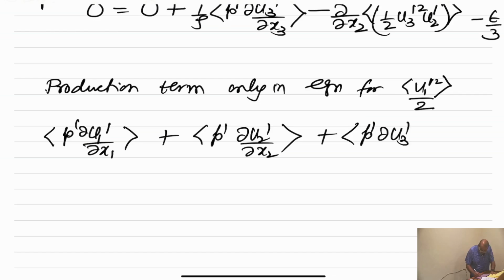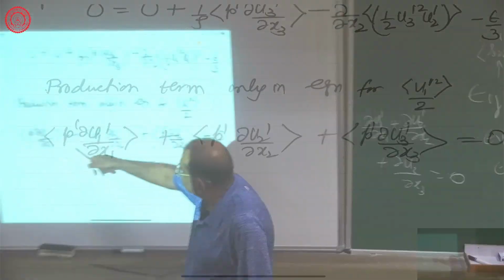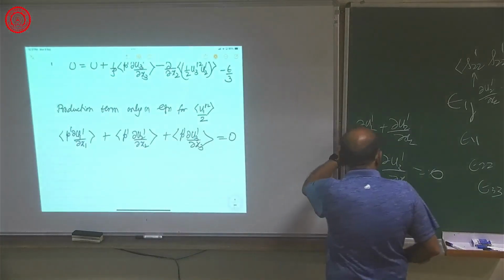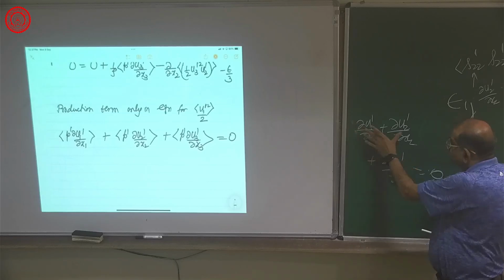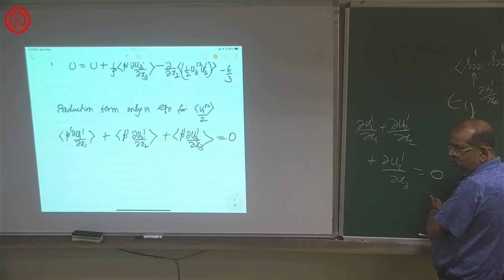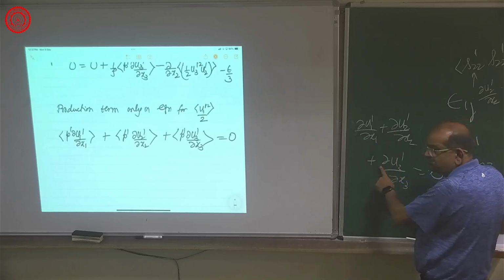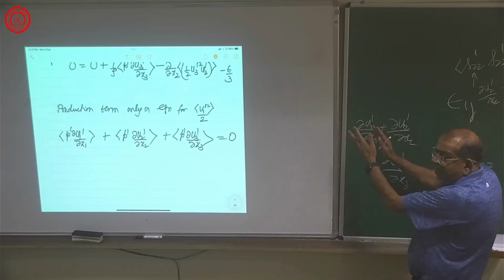And this is where I am glad you brought up the continuity equation. This is 0 because what I can do is I can take the continuity equation which I have written here, multiplied by P prime. This is all 0, sum of all these, multiply each term by P prime, and then I take average.